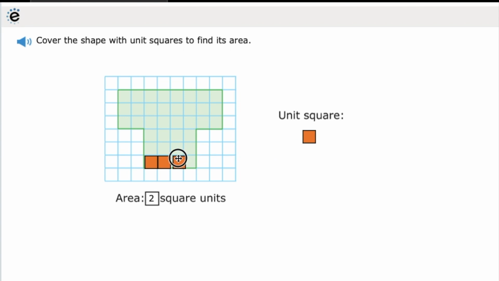Oh man, this is going to take me a while to figure out how many squares take up this whole shape. So far I've gotten 8. 12, 13, 14.